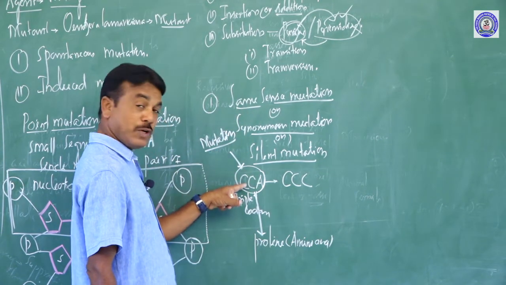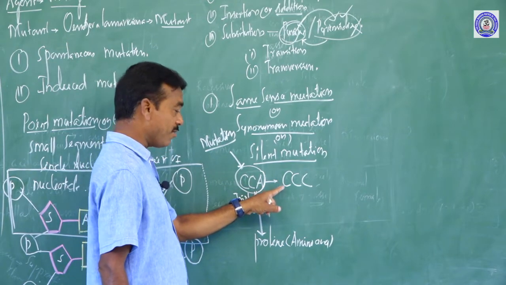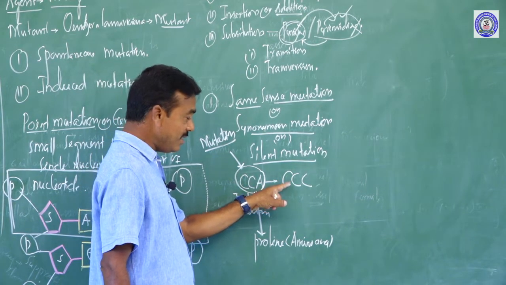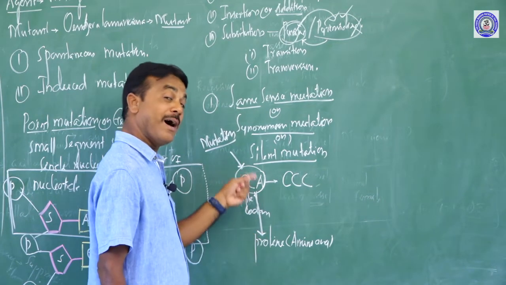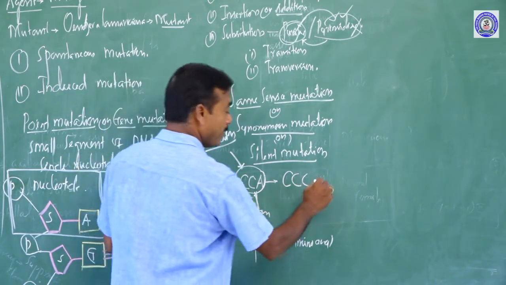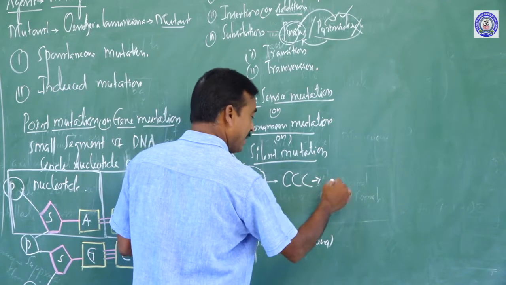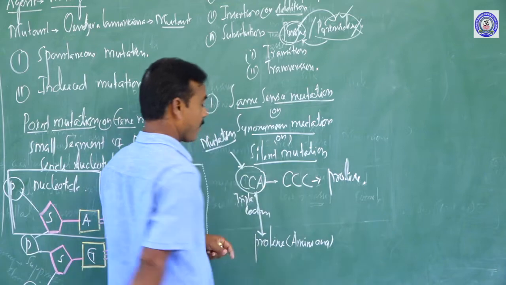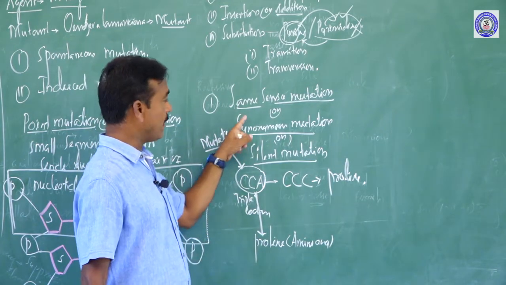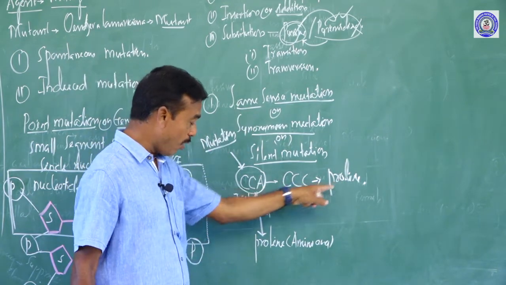But after mutation, the code changes. What changes? C appears instead of A. But even after that change, it can produce the same amino acid, proline.